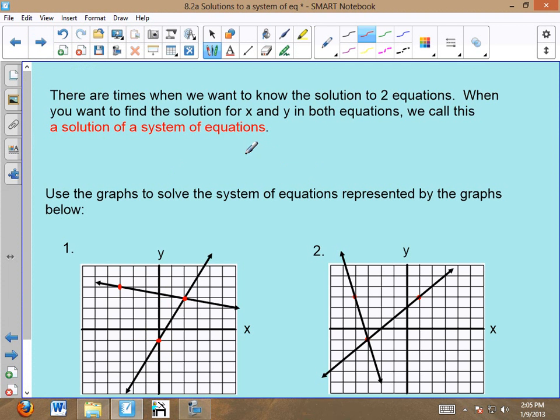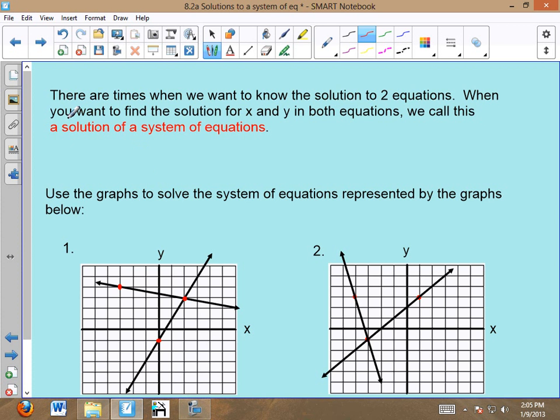Okay, here's what we're going to do today. This is what we're doing for all of Unit 8. We're going to have a system of equations, and we're going to have to solve them. Systems of equations means that you have 2 equations, and you want to find out what the x and y value is.